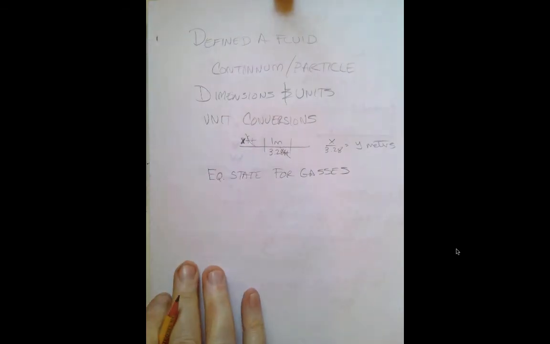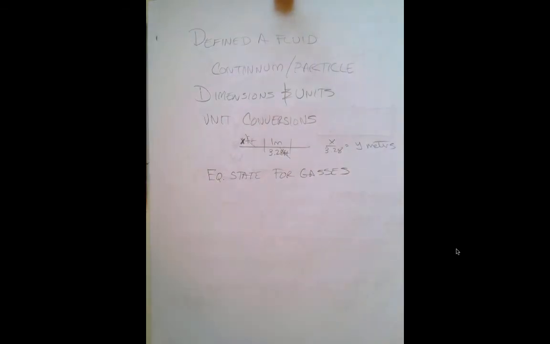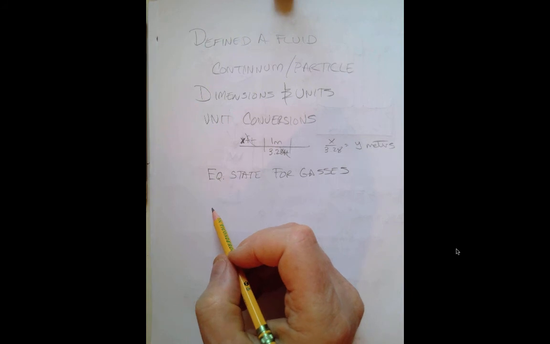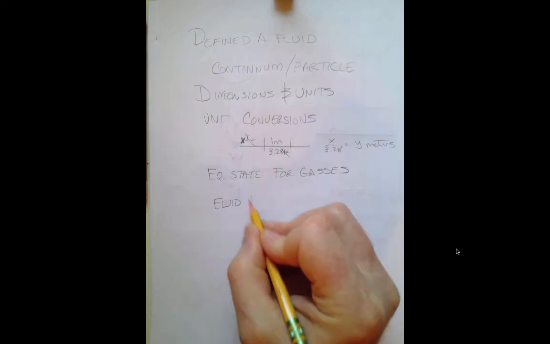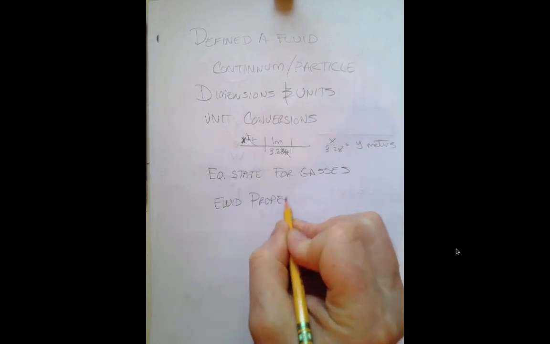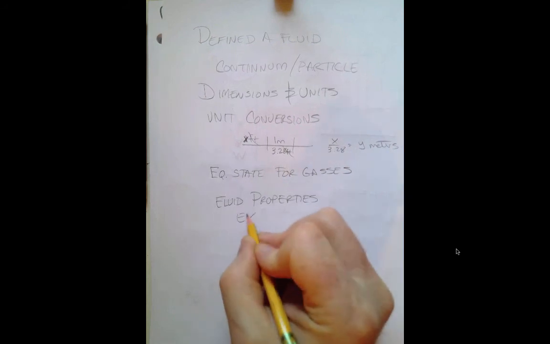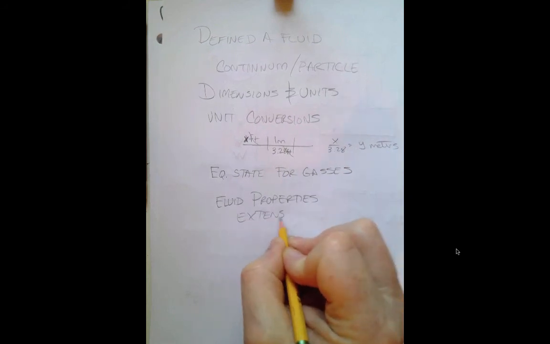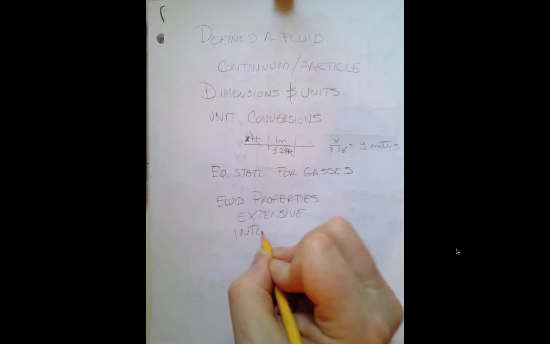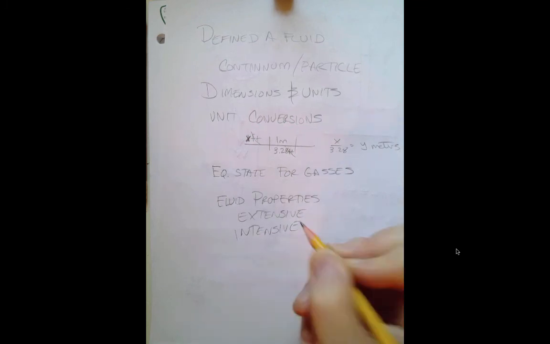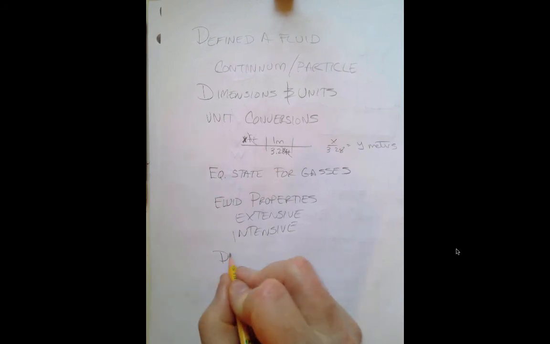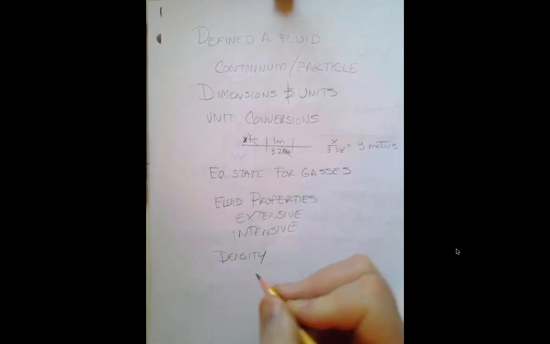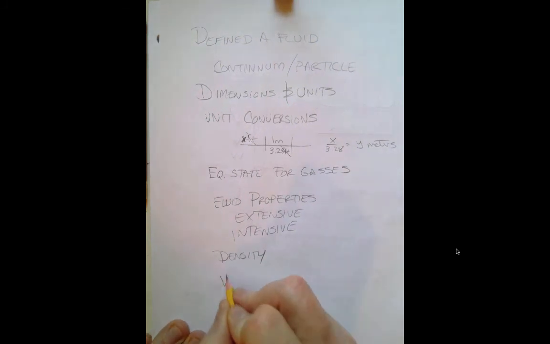We didn't discuss much about dimensional homogeneity, although I certainly alluded to it in the various examples. Fluid properties, extensive and intensive. Density. And viscosity.